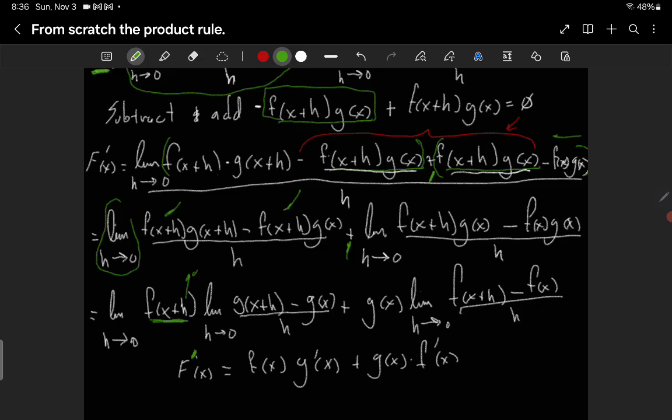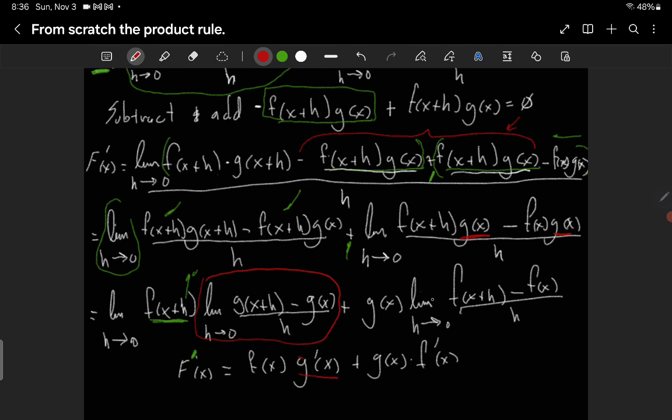But look at this guy here. That is the definition of the derivative of g of x. So that's why I wrote right here just g prime of x. And now look at that. This g of x, I let the limit go through, right? I pulled out, there's a g of x here, and there's a g of x. I can factor out that g of x.